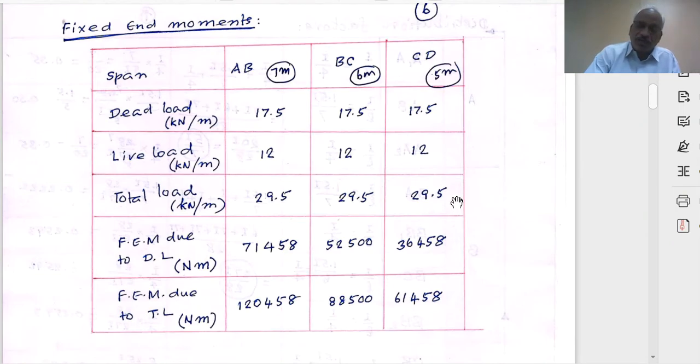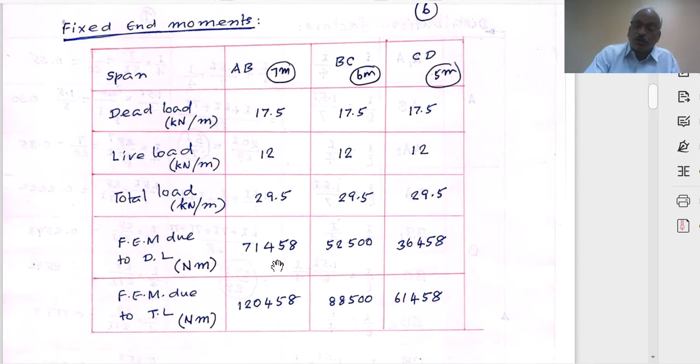Now, we have to find out the fixed end moment, either only due to dead load, 17.5. If it is only due to dead load, these are the values we just calculated, in terms of kilonewton meter. Here it is in terms of Newton meter. Similarly, for the live load plus dead load, the total load is 29.5, so 29.5 into 7 square by 12 is this value.